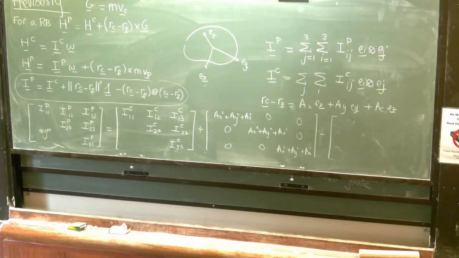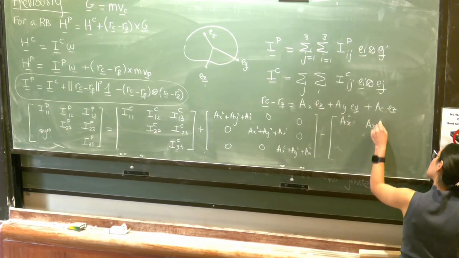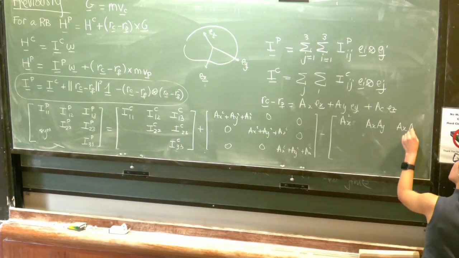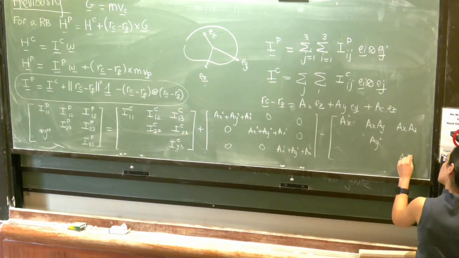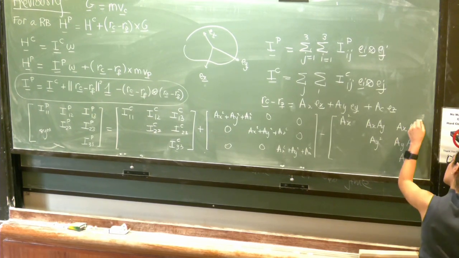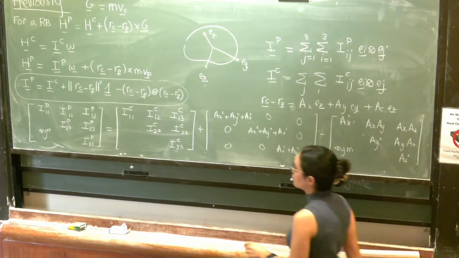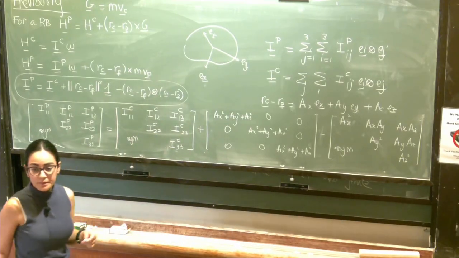What about the coefficient of the ex bond ey term? ax ay. Does that make sense? Any questions?